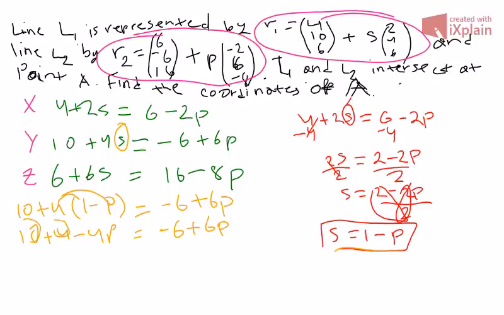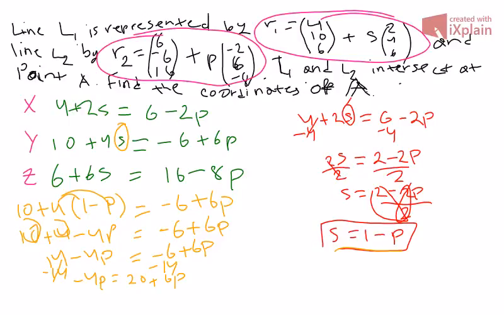Then we add like terms. 14 minus 4p equals negative 6 plus 6p. Then we'll subtract the 14 from both sides, of course, and we'll end up with negative 4p equals 20 plus 6p.